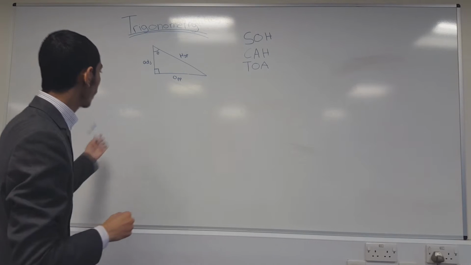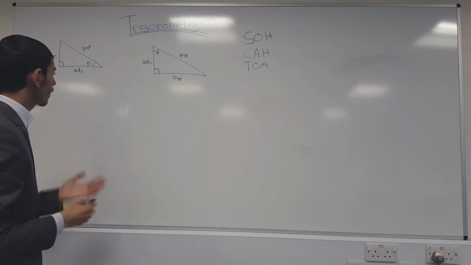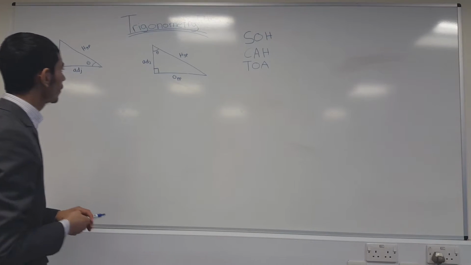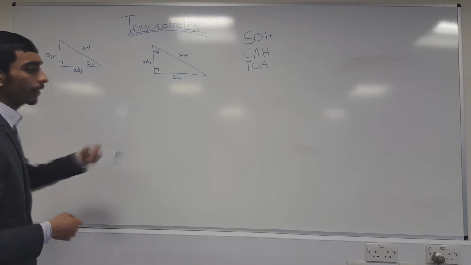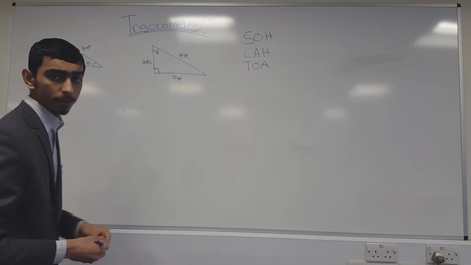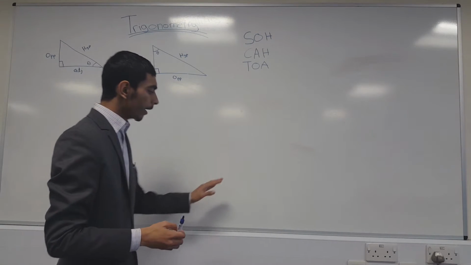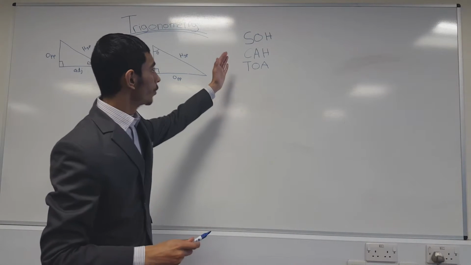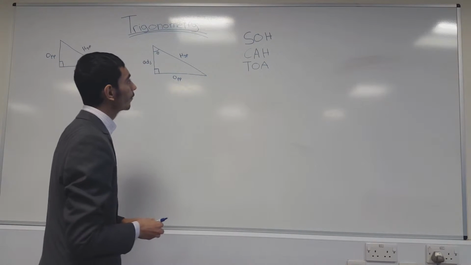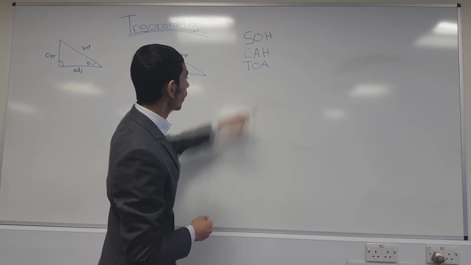These are the three sides that we need to know about really well, and it's just a matter of recognizing which side is opposite and which side is close. It's quite logical really. But anyway, now we come to the meaty bit, as I like to say, of trigonometry. It's these rules, SOHCAHTOA.